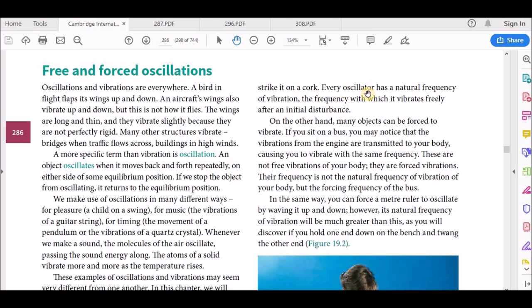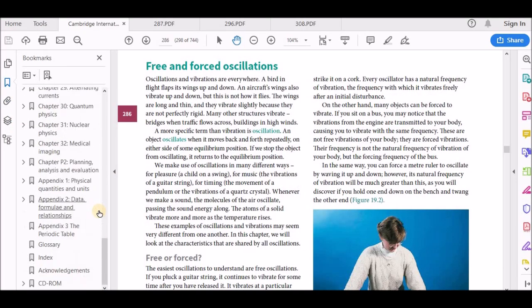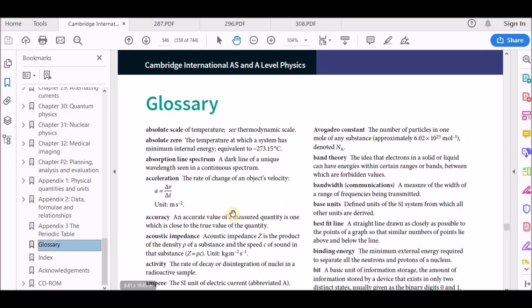Every oscillator has a natural frequency of vibration, the frequency with which it vibrates freely after an initial disturbance. So here you have the meaning of the word natural frequency. We'll go back to the glossary again and have a look at this word, natural frequency.